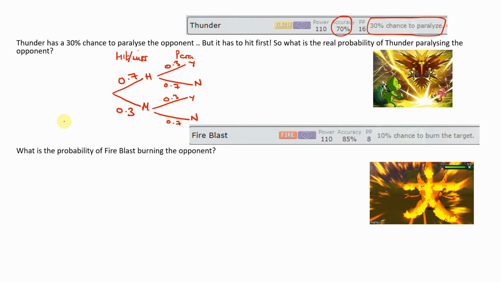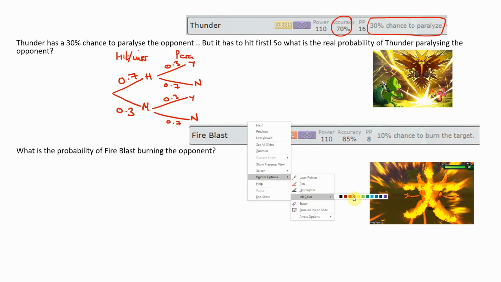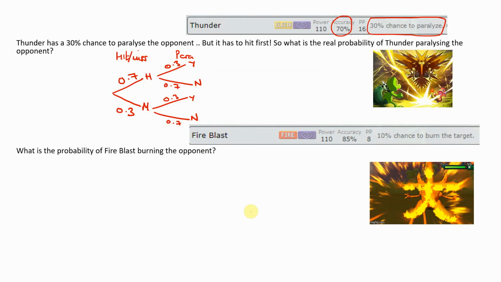The branch we care about is any branch that leads to a paralysis. So if we were to go down here, even though it's paralyzed, it's missed. So that's not going to paralyze. This isn't, it's just this top branch here.